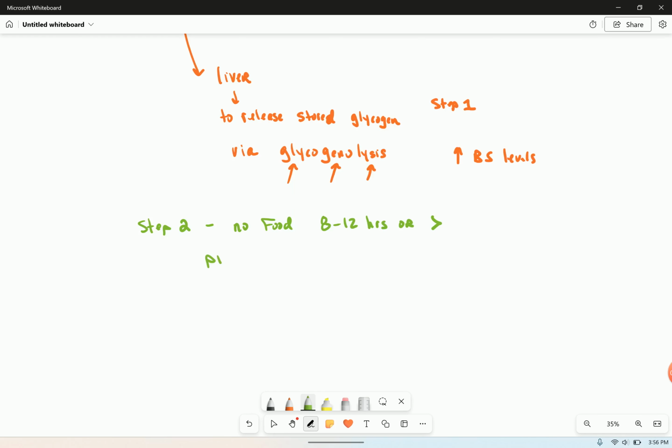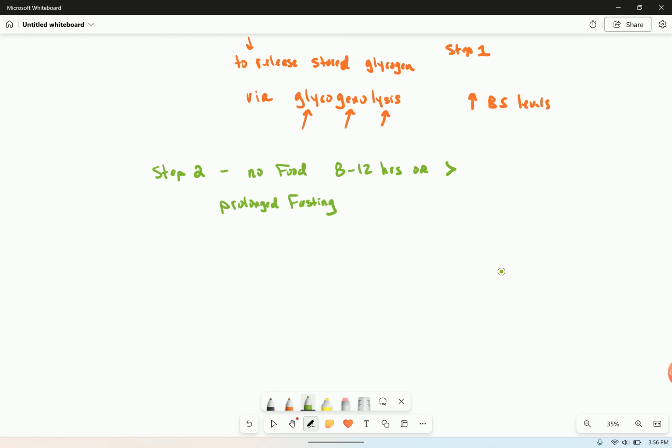We'll call this prolonged fasting. Then you get gluconeogenesis. So glucagon is going to activate gluconeogenesis.